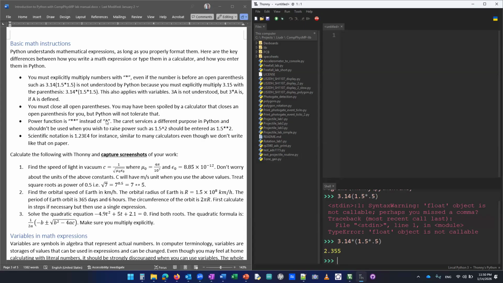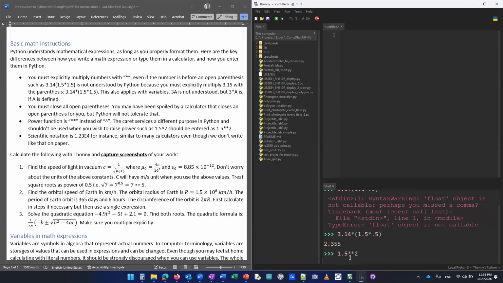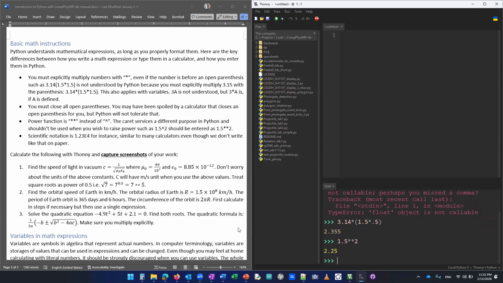You may be used to the caret for the power function, but in most programming languages, the caret means something other than power. So in Python, power is two asterisks, which is good because if you're using a numerical keypad, you don't have the caret there. So how do you raise a power? Well, it's just times times, and then you can raise the power, such as squaring 1.5, that is this. So 2 to the 1/4.